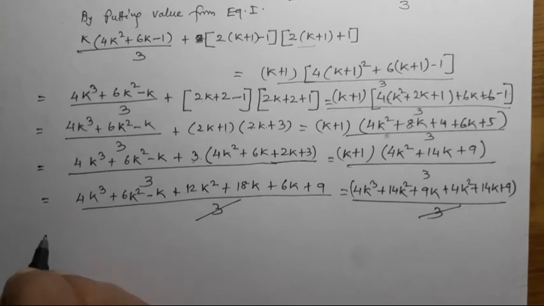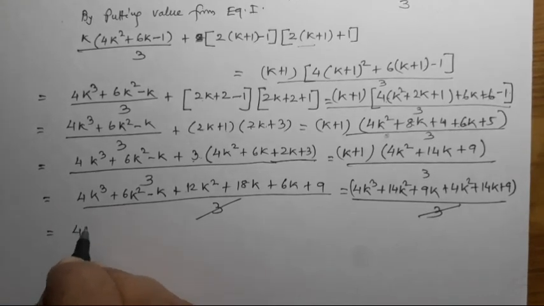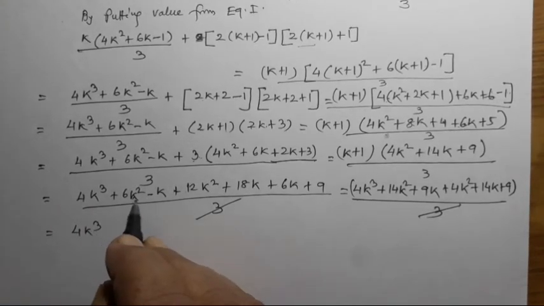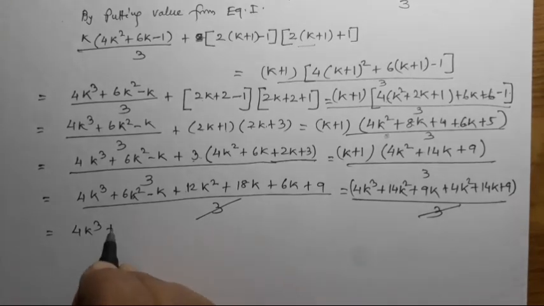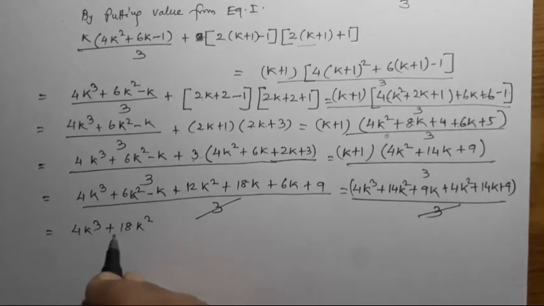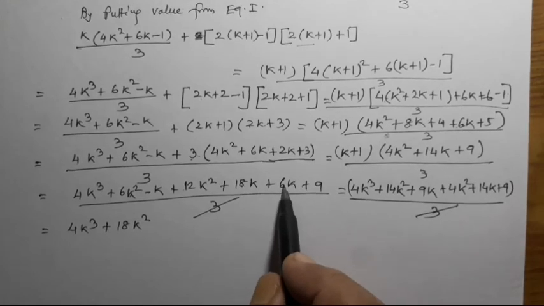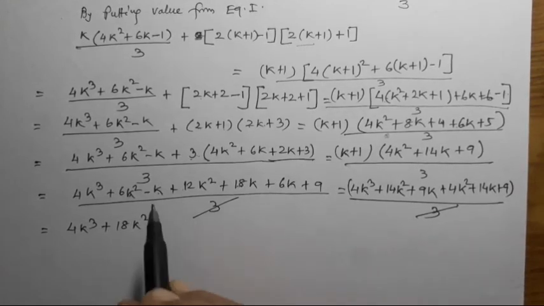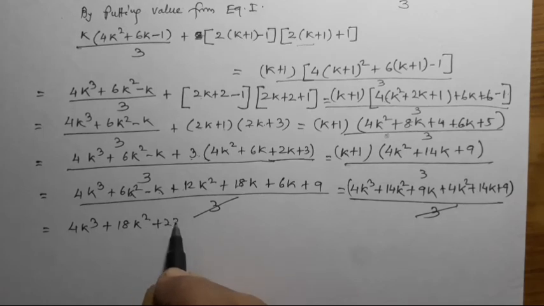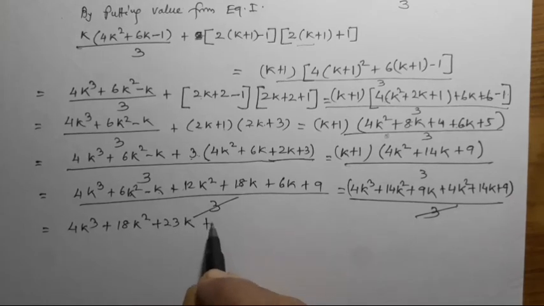So now it will be 4k cube, 6k square plus 12k square will be 18k square. This will be 18 plus 6, 24, minus k will be plus 23k plus 9.